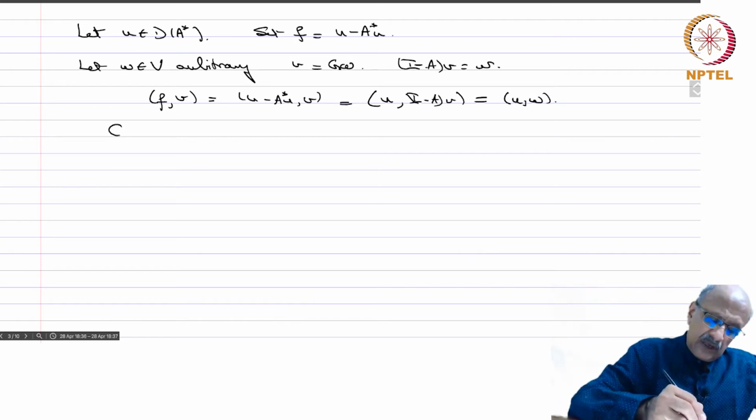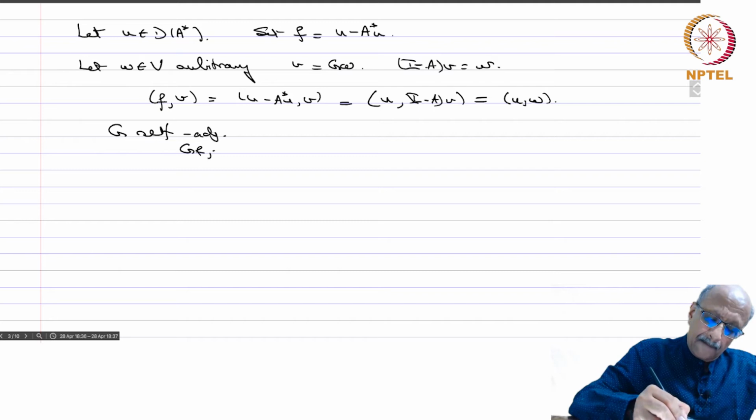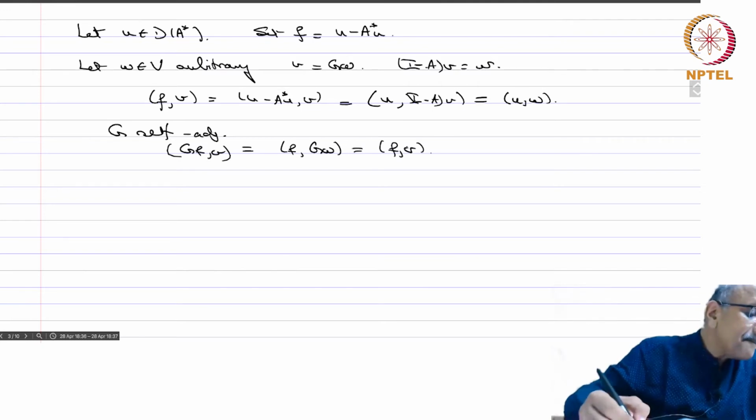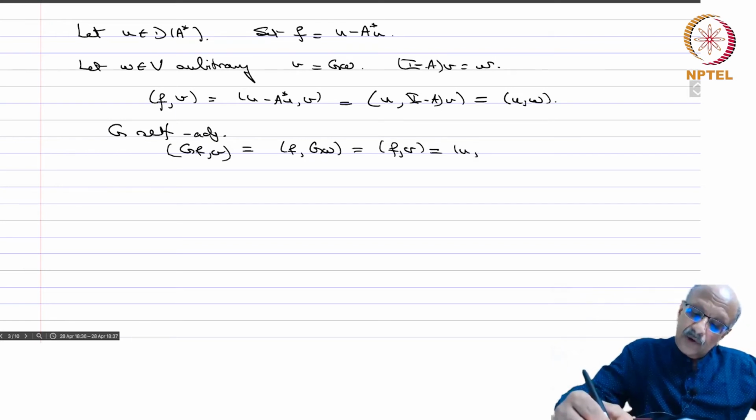Now G is self-adjoint, therefore (G f) w equals f (G w), but G w is equal to v, so it equals f v, which is equal to u w. So f v is nothing but u w.